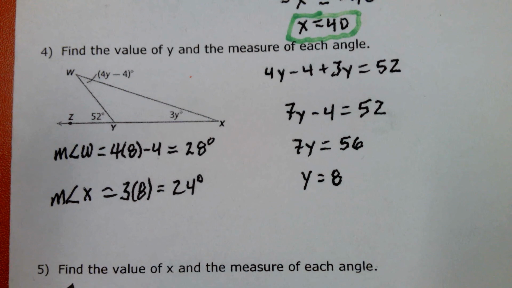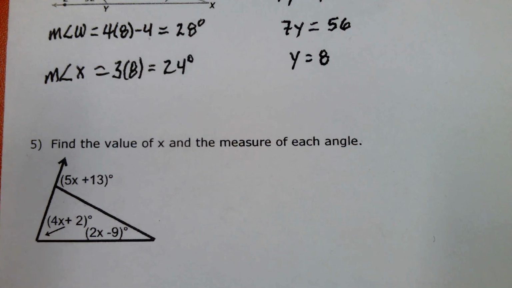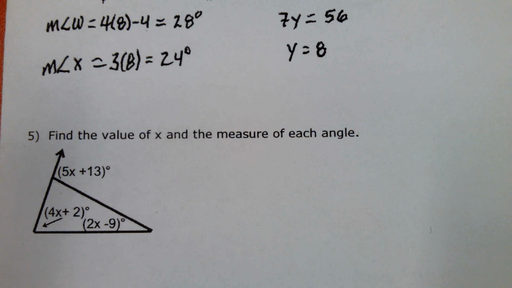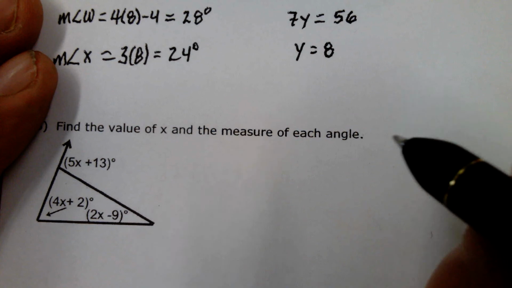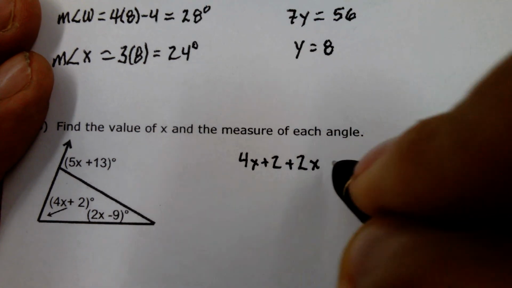I would like help for the last question. It says, find the value of x and the measure of each angle. Can someone tell me a possible equation using the exterior angle theorem? All right, Haley, tell me. You can do 4x plus 2 plus 2x minus 9 equals 5x plus 13.